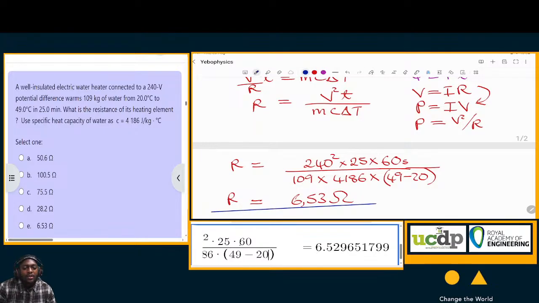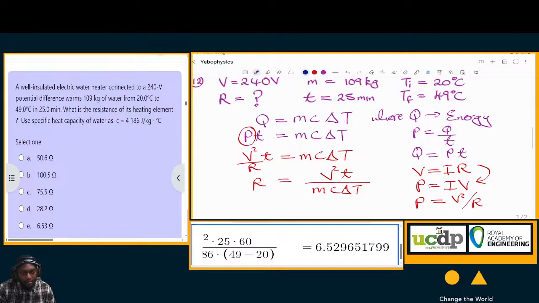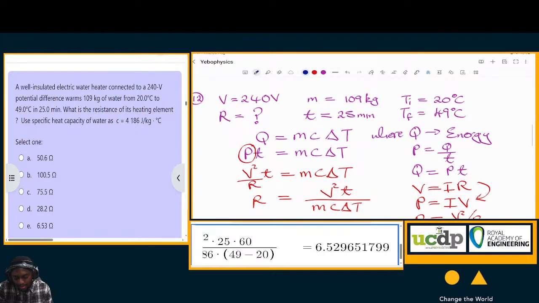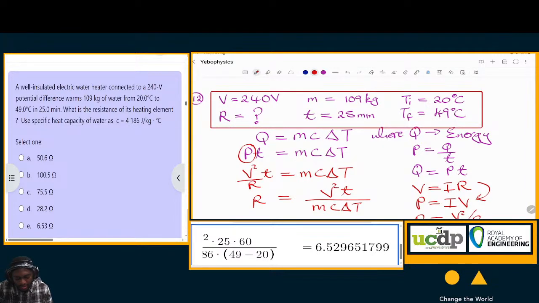So that's how you'd go about this kind of question. I hope you can follow the breakdown. This was the information provided: you're given voltage, the mass, and the temperature change, and you can then use your equation for heat transferred to a substance.